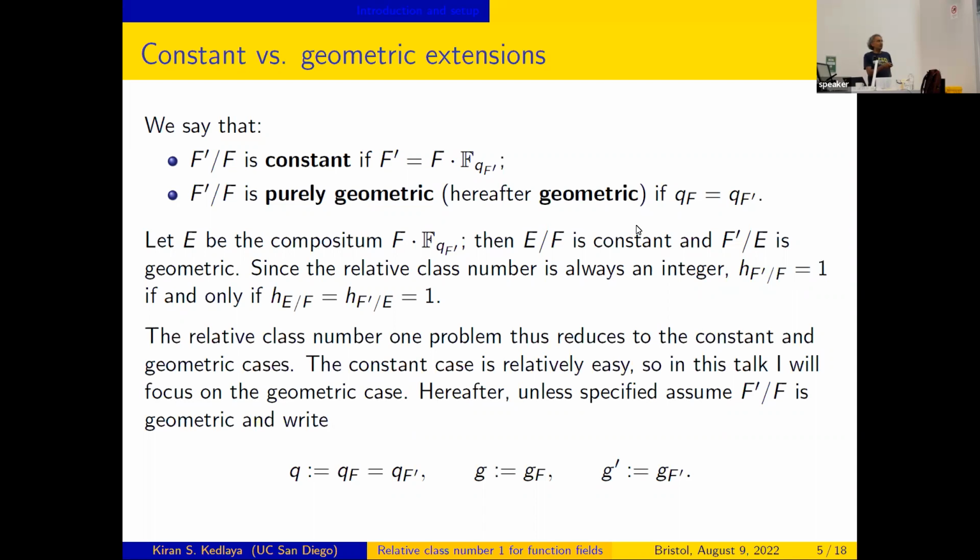I'll also just maybe say that the constant case is relatively easy. It's only about 2 pages of the paper. So for the rest of the talk, I'm going to focus on this geometric case. So from now on, Q is the common constants of both function fields, and I'll write g and g prime for the genus of the downstairs and the genus of the upstairs.